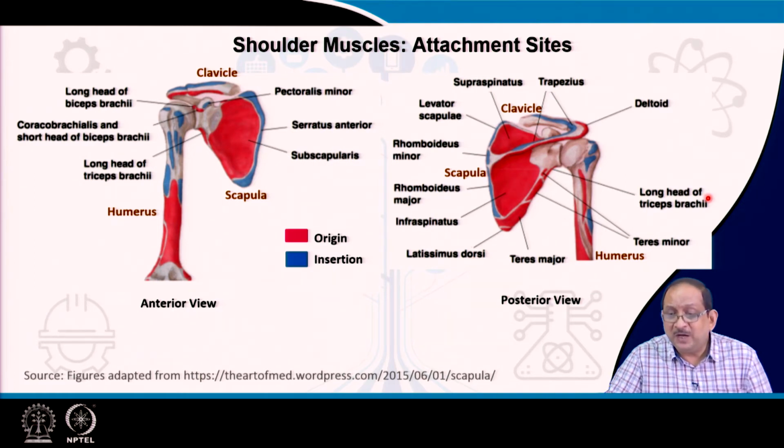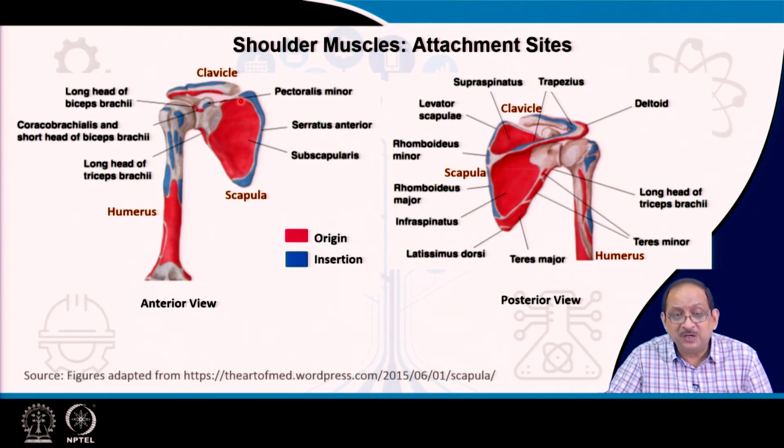We have the long head of triceps. We have also the short head of biceps and the long head of biceps as well. There is also the pectoralis minor, and the muscle serratus anterior as well as subscapularis.